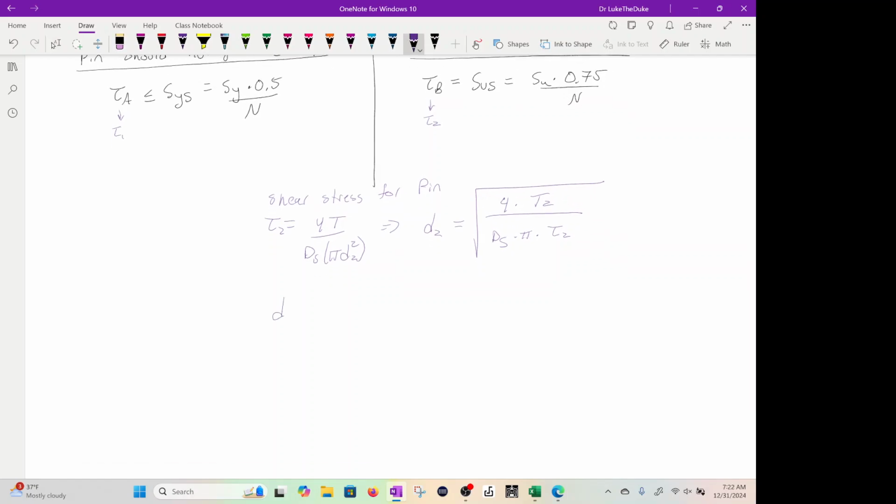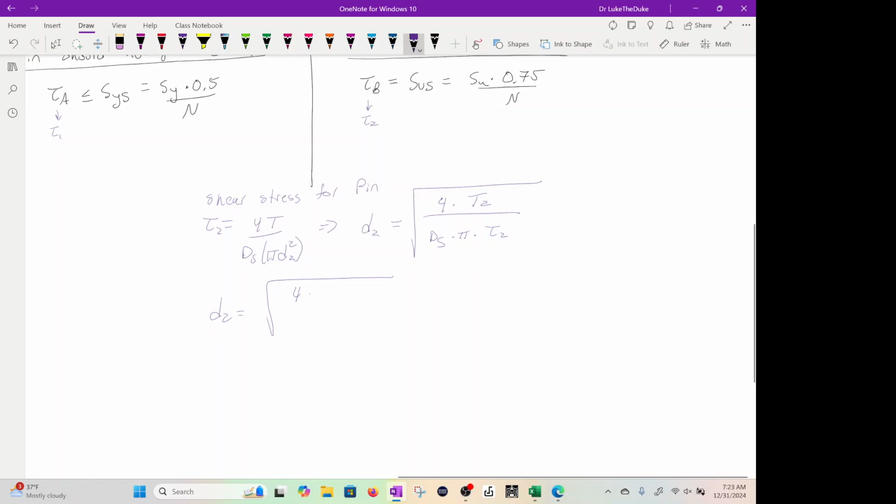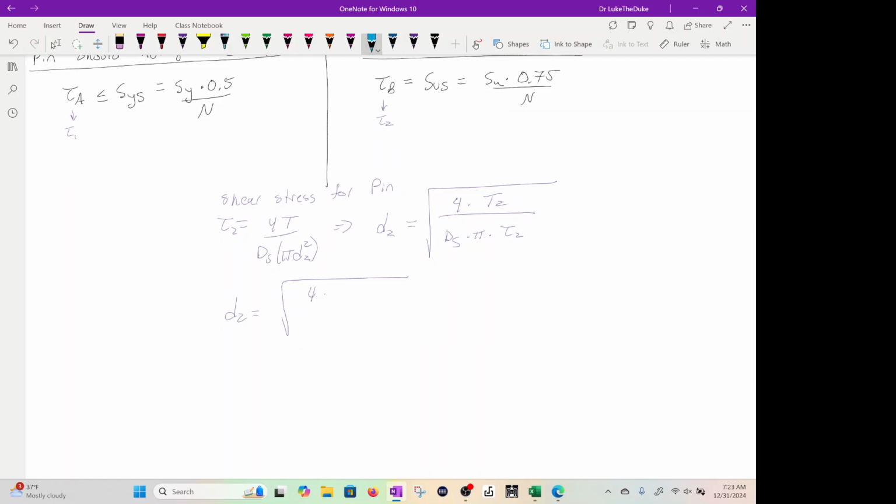So let's go ahead and plug this in. 4 times, now we haven't found the torque. Actually, you know what? Let's keep it consistent like I have been doing.